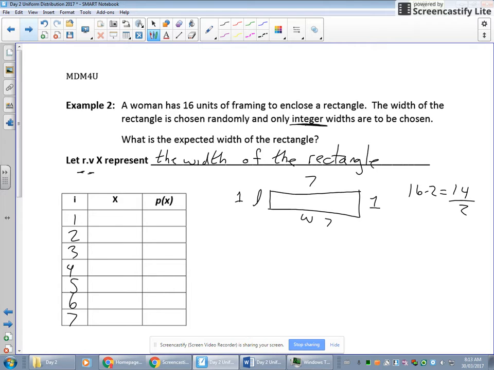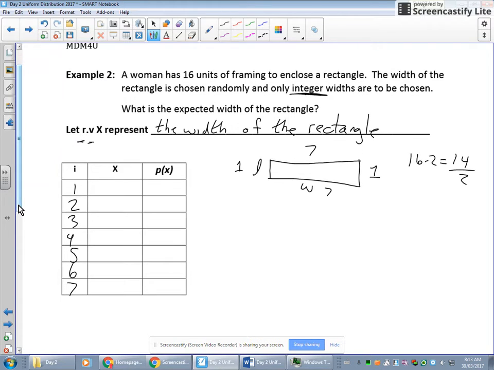So this is our index value. This is the first time we've written a table like this. So the actual width of our fence in the first instance is going to be a width of 1. And given that this is chosen randomly, there's no reason to say that any particular width would be more frequent than another.